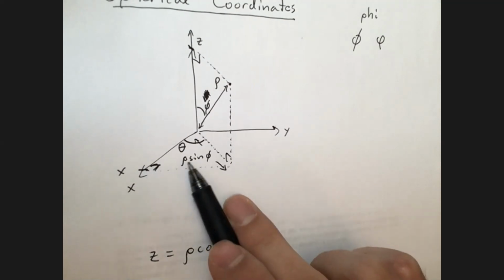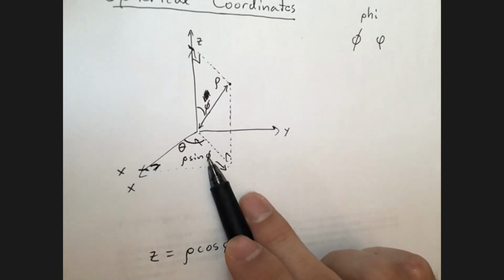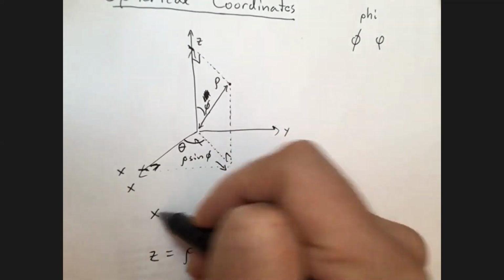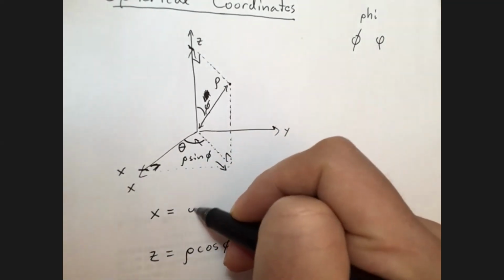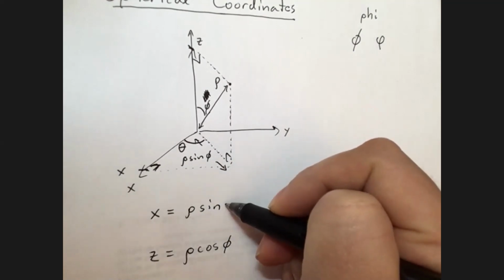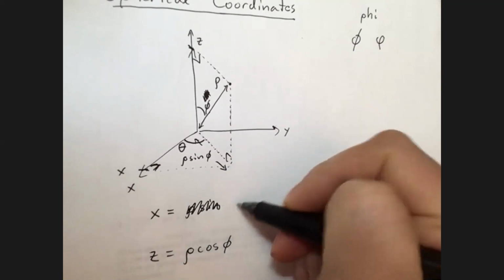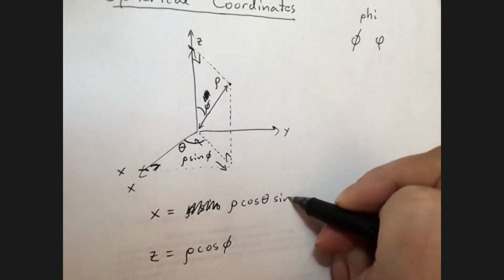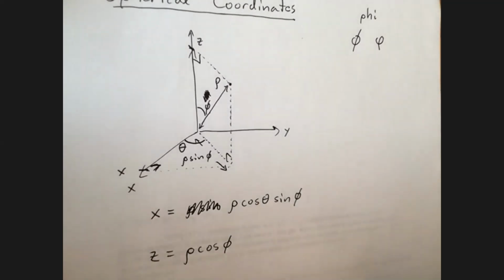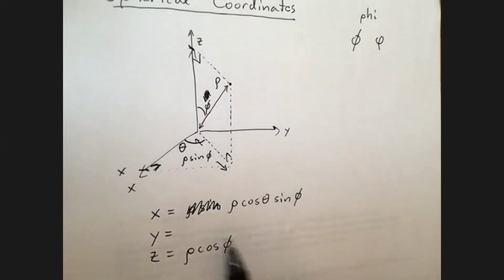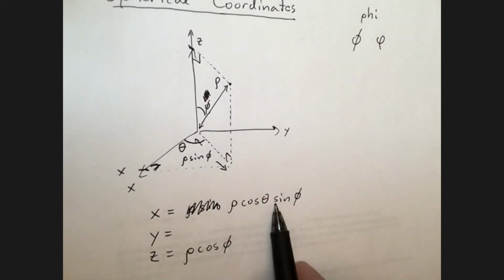So it's rho sine phi times cosine theta gives me x. So that's my other equation. Let me write it another way. We usually write it with the cosine theta first: rho cosine theta sine phi. Doesn't matter, but that's conventional how they write it in the book anyway. So I'm going to do it the same way. Okay, so this is the x coordinate.